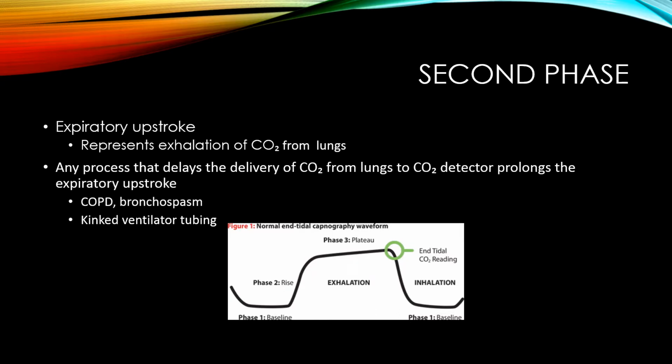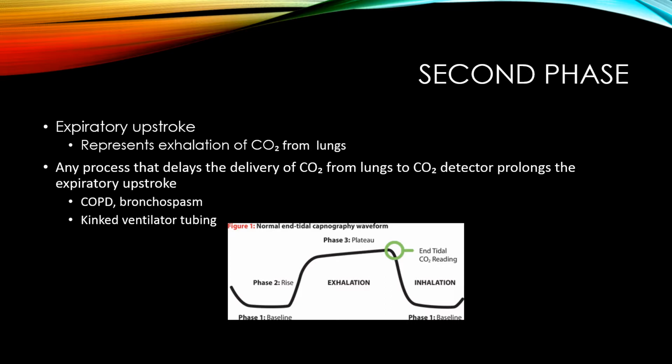The second phase is your expiratory upstroke, which represents the exhalation of carbon dioxide from your lungs. Any process that delays the delivery of CO2 from the client's lungs to the detector prolongs the expiratory upstroke. Some conditions such as COPD and bronchospasm are known physiological causes of prolonged expiratory upstroke.